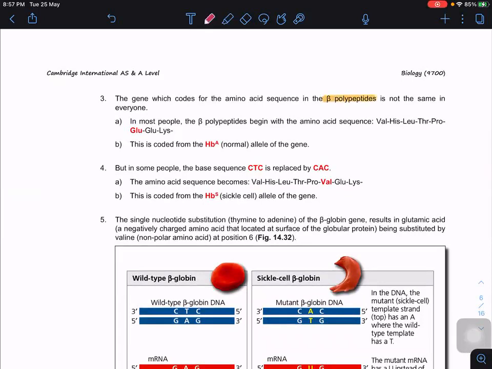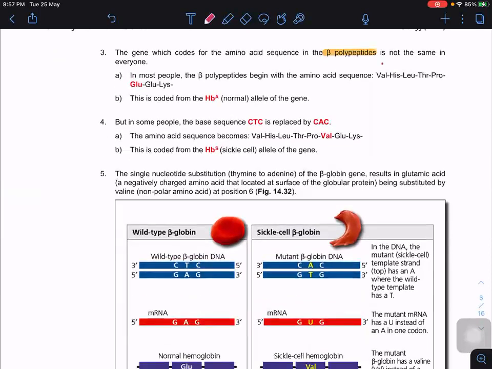If you look at the original one, we have the first position, second, third, number 4, number 5, and at number 6 position is glutamic acid. Glutamic acid has a hydrophilic R group. But in some people, the base sequence CTC is replaced by CAC.